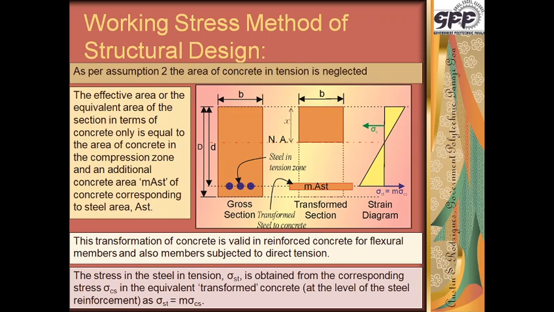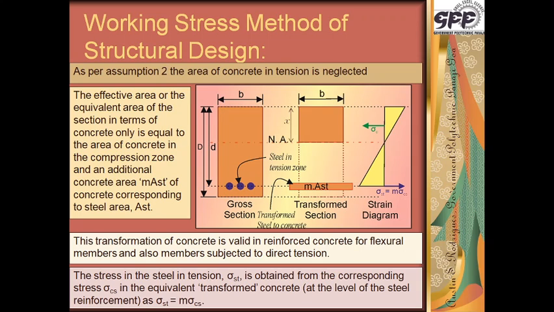The area of concrete below the neutral axis disappears. It is useless. It does not take any load. When I say useless, it is only towards taking tension; it does not take any tension.